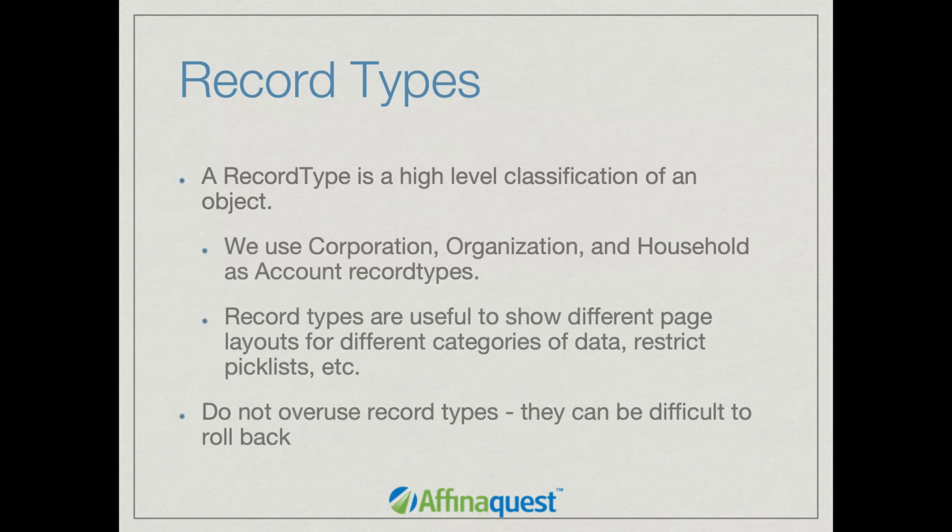Don't go nuts with lots of different record types because they are difficult to change or roll back once you have created them. So if you added another record type for accounts and then decided you want to get rid of it, sometimes it's not too bad, but sometimes it can be very difficult to get rid of it. So be cautious before you add them. They can be useful, but be cautious.